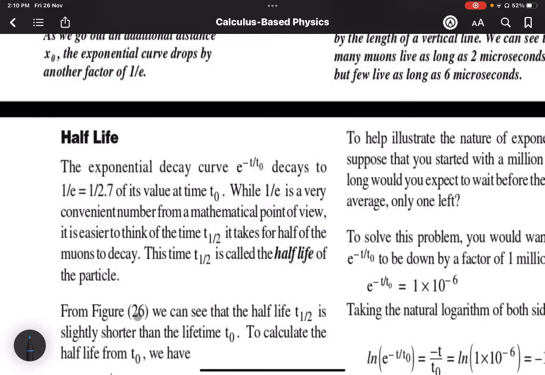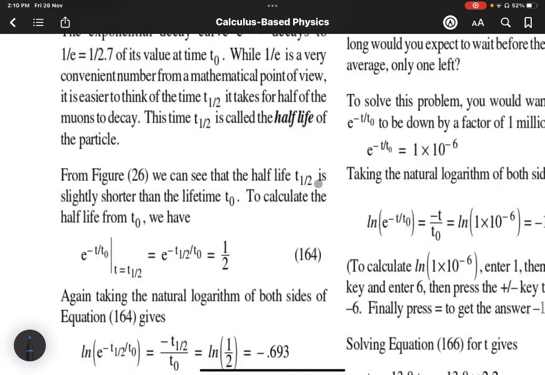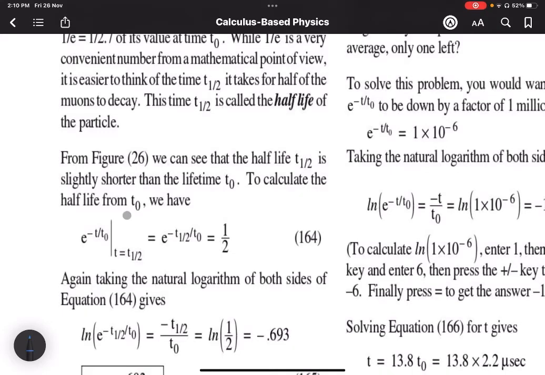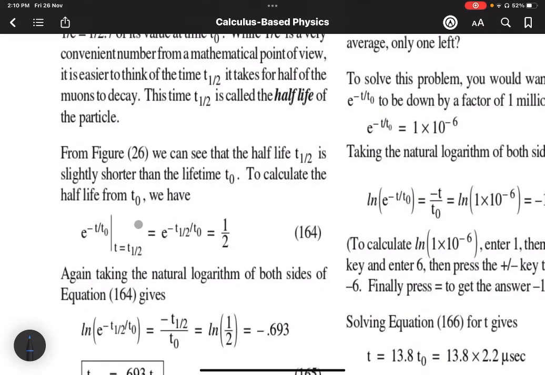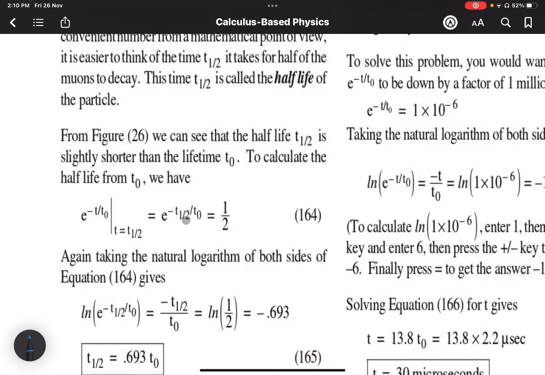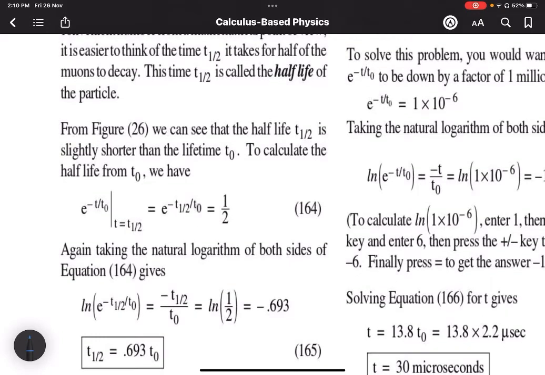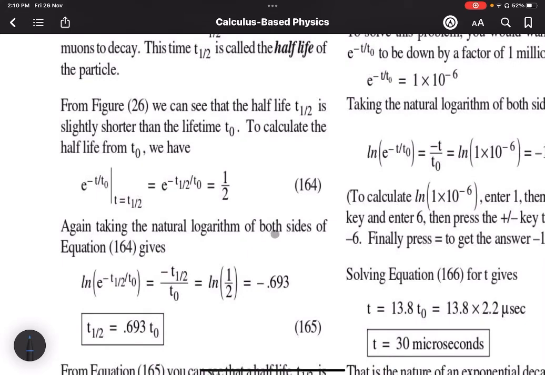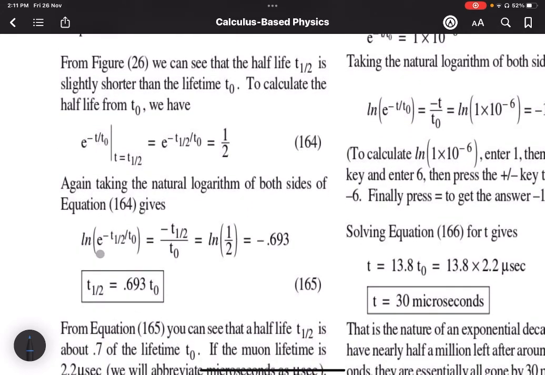So in figure 26, we can see that the half-life t1 half is slightly shorter than the lifetime T0. So remember, T0 represents the lifetime. To calculate half-life from T0, lalagyan lang natin ng 1 half, and it will give us 1 half. Again, taking the natural logarithm of both sides of the equation, ln of 1 half equals negative t1 half over T0.